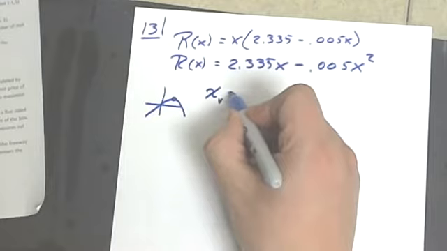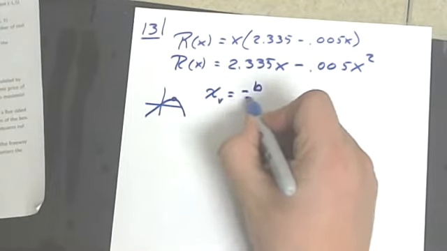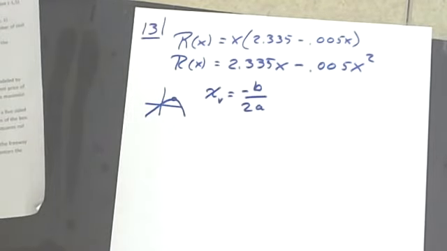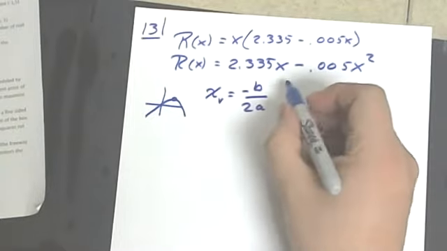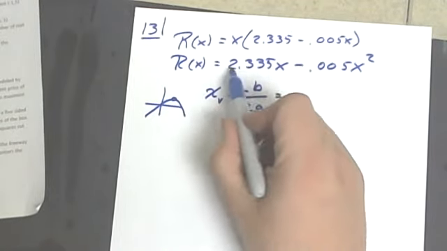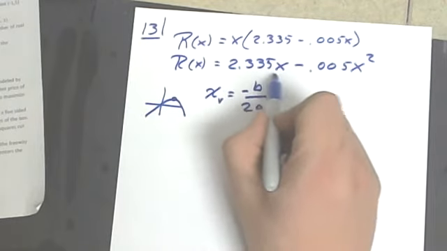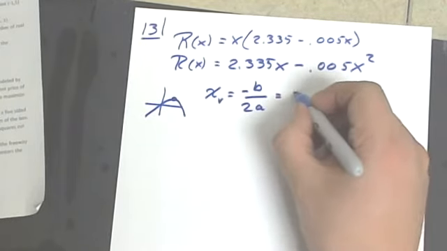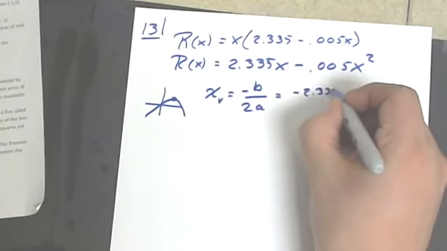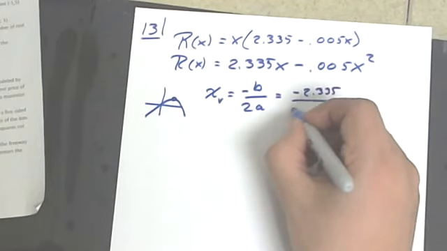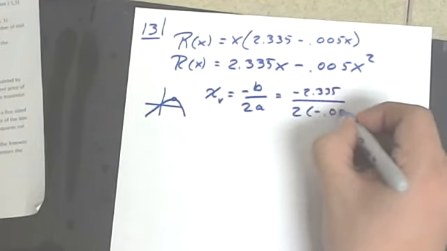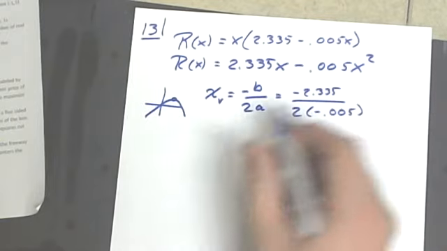The x value of the vertex is negative b over 2 times a. And we have the b and the a here. So the b, be careful, the b is the coefficient of the linear term, what's on the x. So that's negative 2.335 over 2 times negative 0.005.